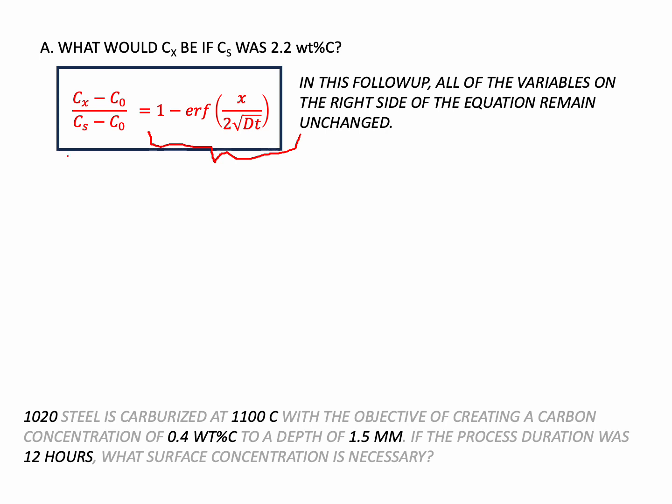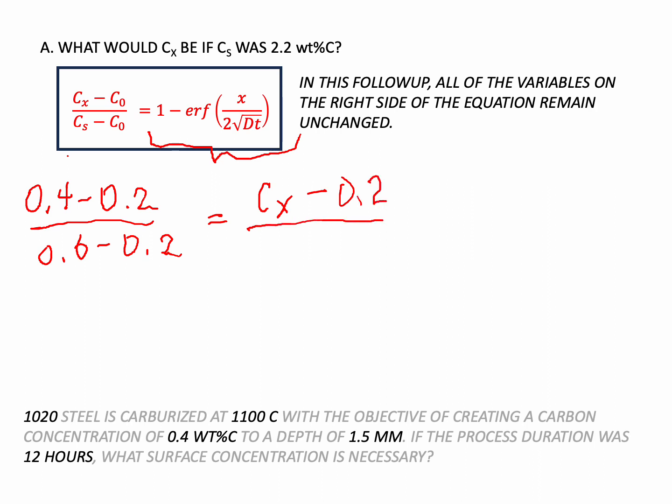So whatever we had for Cs minus C0 before, we should have now. So 0.4 minus 0.2 divided by 0.6 minus 0.2 should be the same as what our current conditions are. We're not changing C0 or Cx. We're actually trying to find Cx.